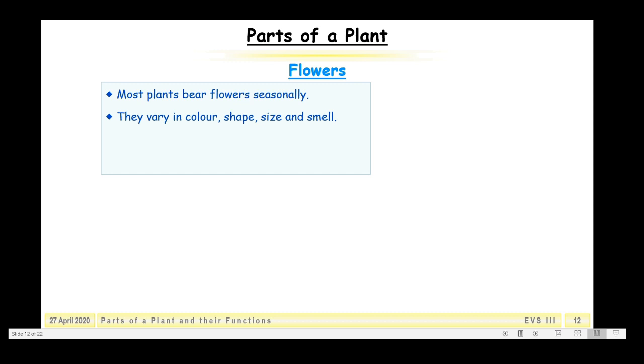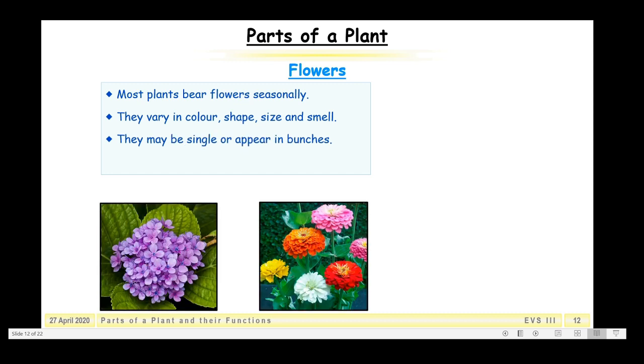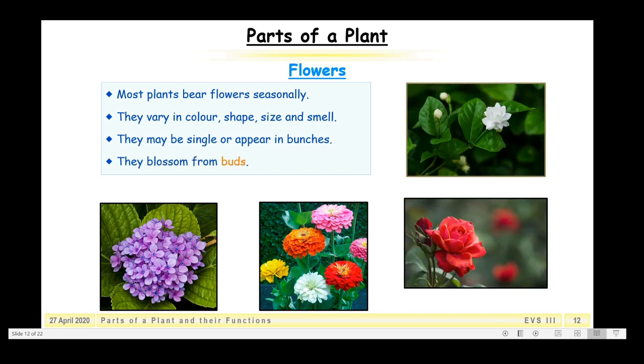Then they vary in color, shape, size, smell, and they may be single or appear in bunches. Then all flowers blossom from buds, as I have shown you in the picture in the beginning of this session. So now tell me one thing. Why do plants need flowers?